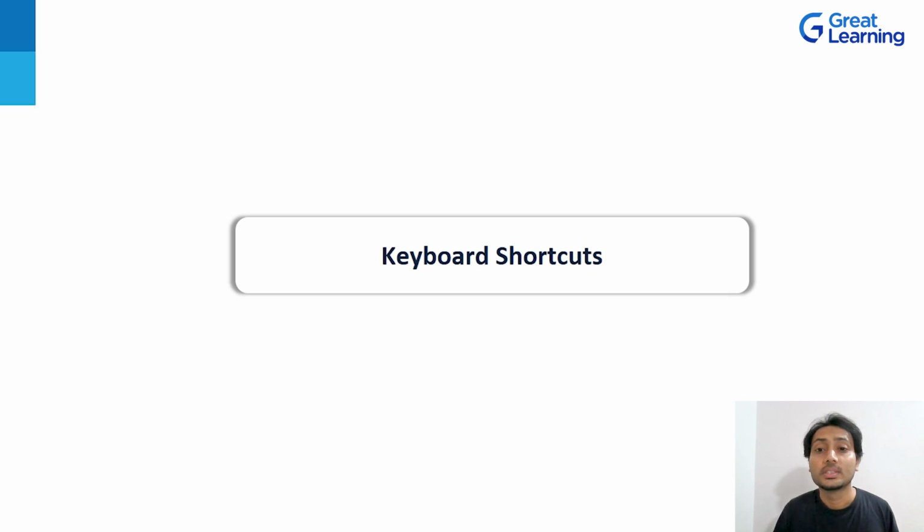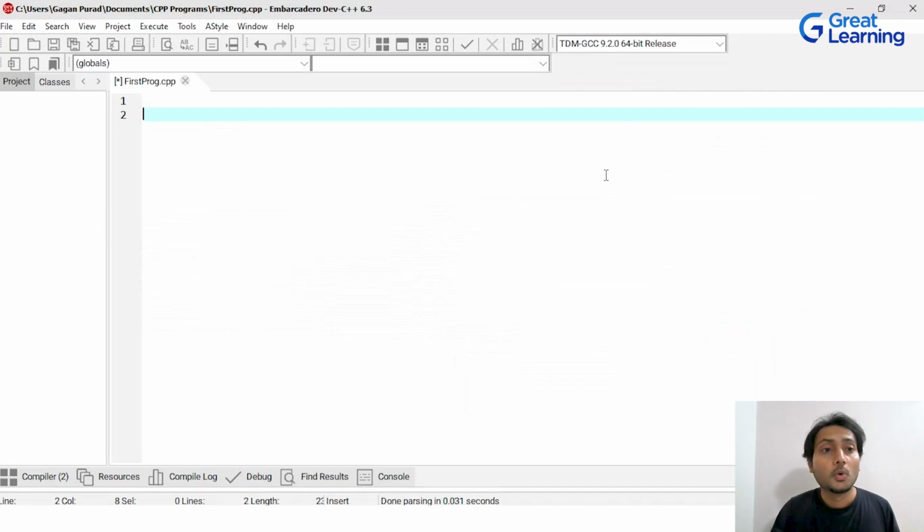Now we are going to check out few keyboard shortcuts in our Dev C++ IDE, right? So which will help you when you are done with writing your program so that you can quickly compile and run your programs and different other shortcuts as well. So we have our Dev C++ IDE here. So quickly, let me just write a sample program for you.